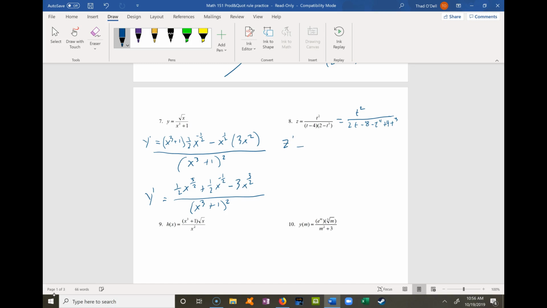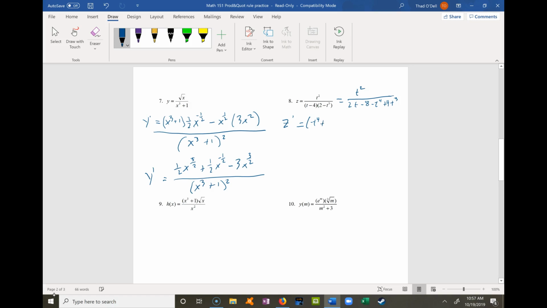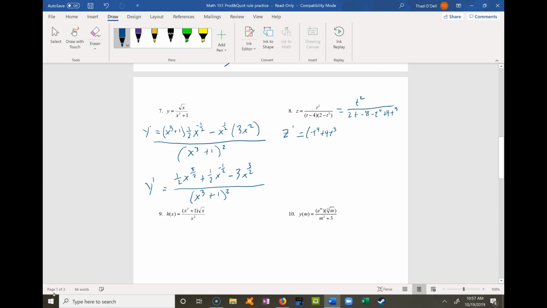Okay, so then z prime is going to be low, which is, I'll rewrite these in the proper order, so that'd be negative t to the fourth plus 4t cubed plus 2t minus 8, times the derivative of the top, which would be 2t, minus, oh, I'm going to run out of room here. I'm going to move over a little bit. Sorry about that.